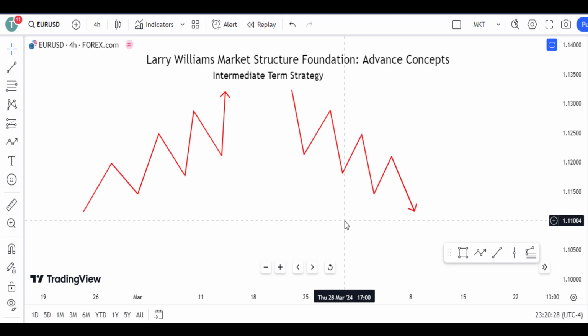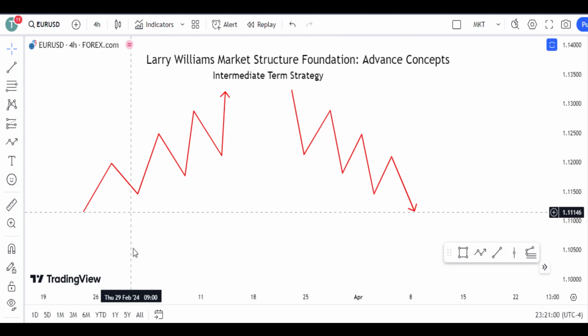It's all about fitting the puzzle together. So first of all, I'm going to explain this strategy to you, and I'm going to talk about the entry, the exit, and the stop loss. This is what we are going to cover in this video.